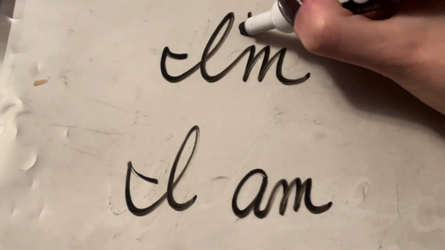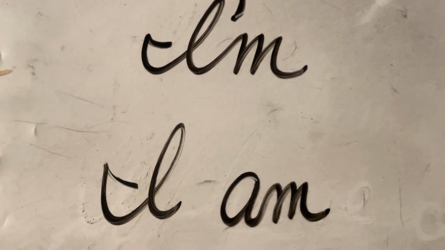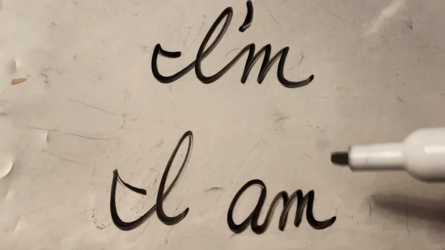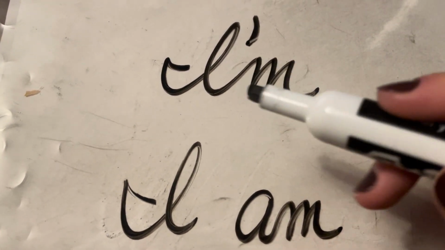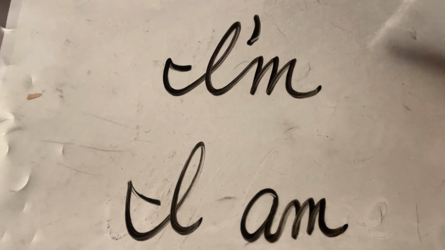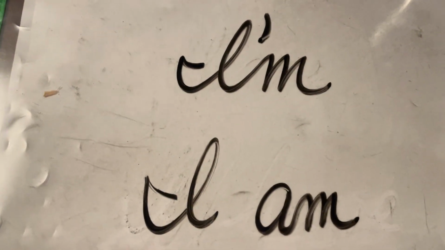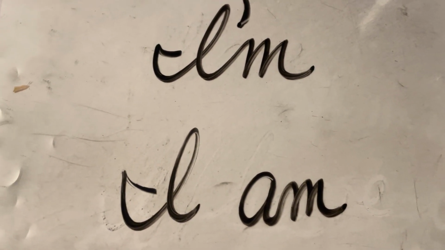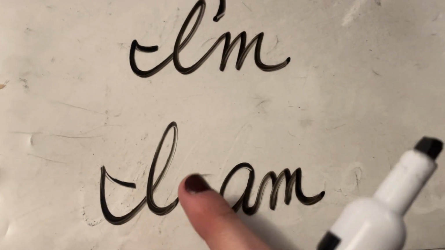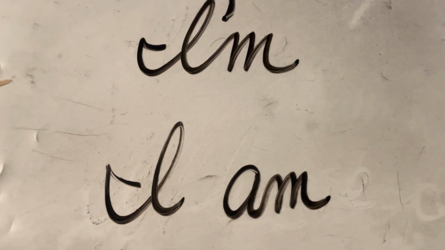And we replace the A with the apostrophe. Now, one thing I want you to note is that in the words I'm and I've that we did last, you must capitalize the I because it's standing for the word I. And we always capitalize the word I. So make sure that you've capitalized I in I'm and I've.